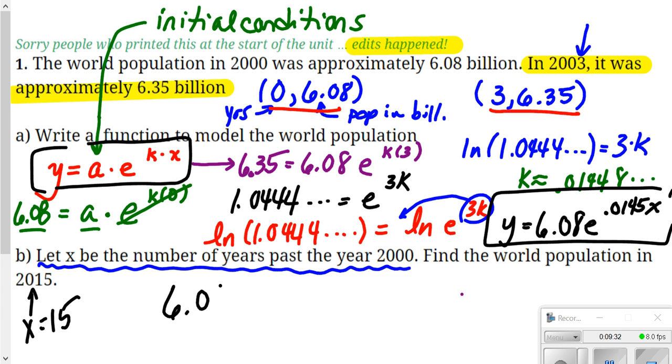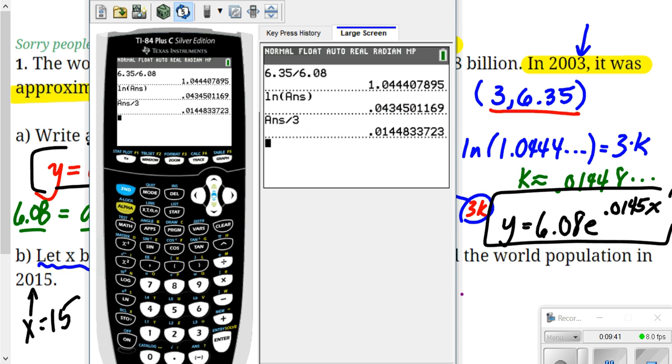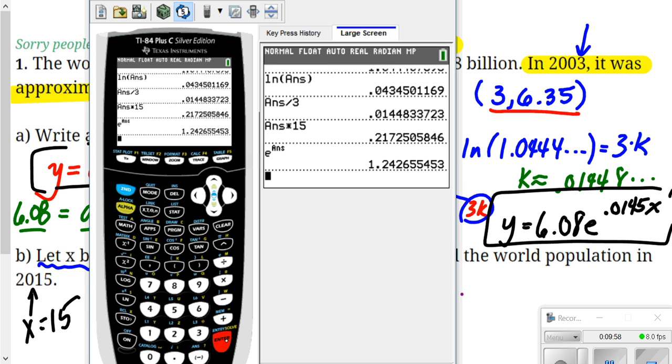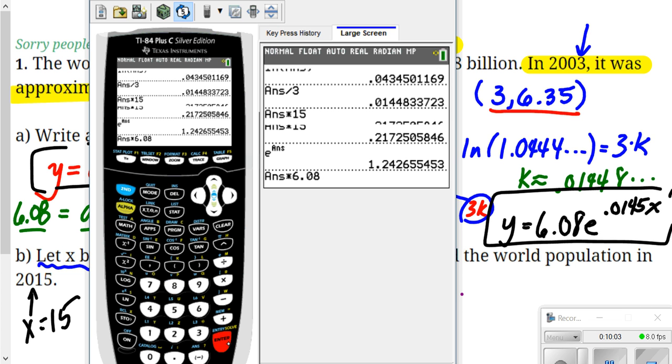Okay, so all I have to do is plug 15 into the equation up here. So 6.08 e to my constant times 15. Now that constant is still on my calculator screen. So rather than round it unnecessarily, I'm going to use it. I'm going to plug in 15 up there in that exponent, take e to that result, and then I had 6.08 billion as my initial value.